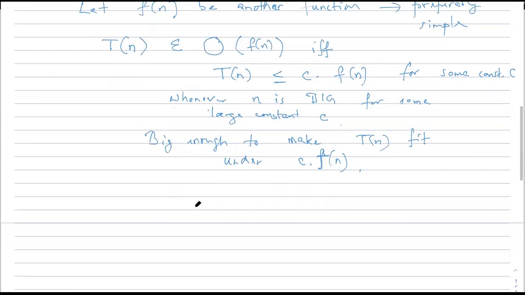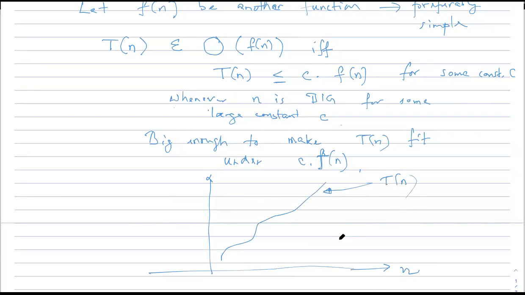Let's try to understand this, okay? Suppose on the x axis we have n going, and suppose my running time is something like this. This is T of n, okay?